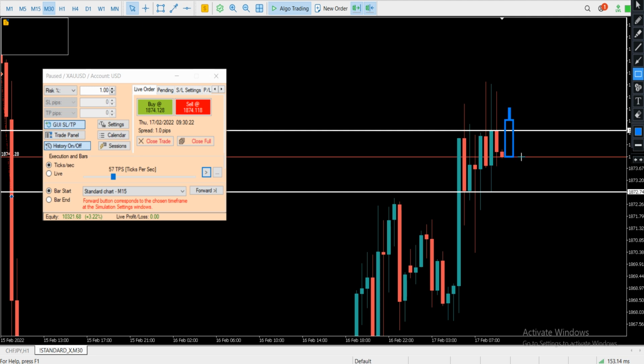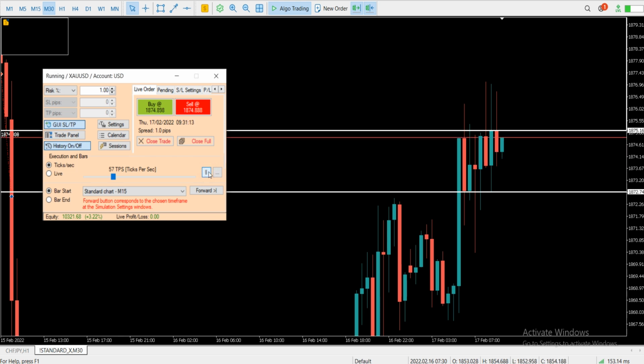I don't want to see a candle closing like this. No, right? And 2 minutes, 3 minutes. It's been just 5 minutes since this candle started, so just waiting.